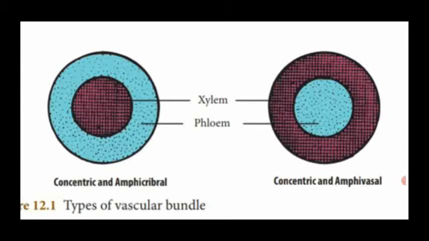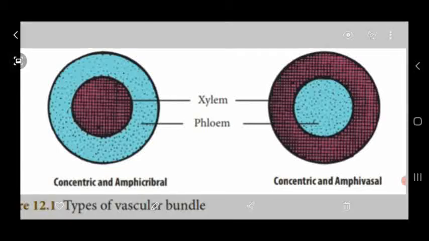Amphicribral. Next one, what will happen? Phloem is at the center. This is surrounded by xylem. That is called amphivasal. Amphivasal, example Dracaena. Amphicribral, example fern plant. So these are the two types of concentric vascular bundle.